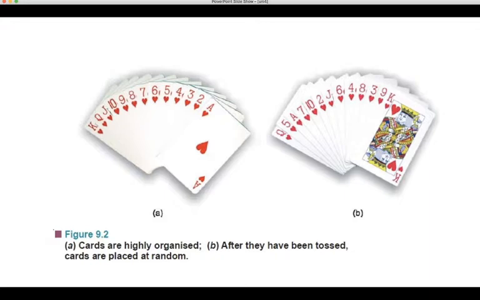But after playing, the cards are not organized. So A is the example of the initial entropy, with no randomness, and B is the example of randomness. The cards are random after the reaction.